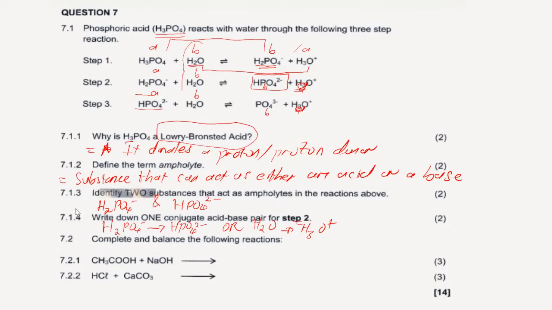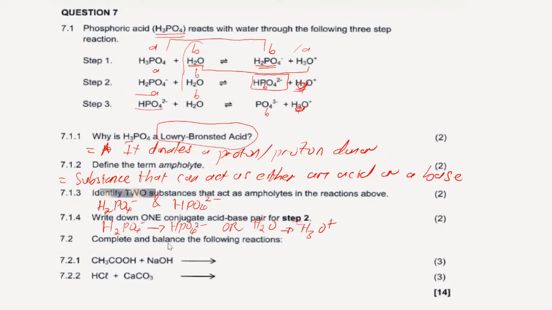So these are your acid-base pairs. You simply take the acid from here and direct it to its conjugate base, and you take the base in here and direct it to its conjugate acid. So that's how you find the conjugate acid-base pairs.